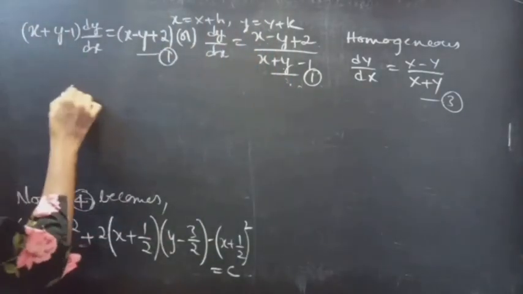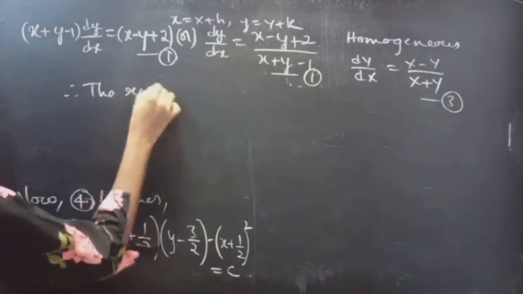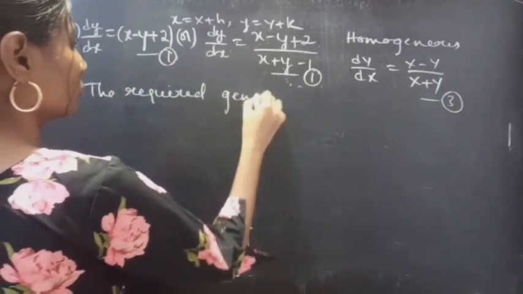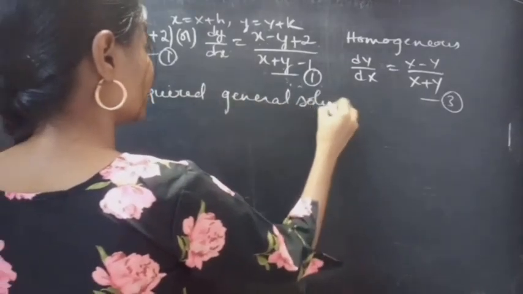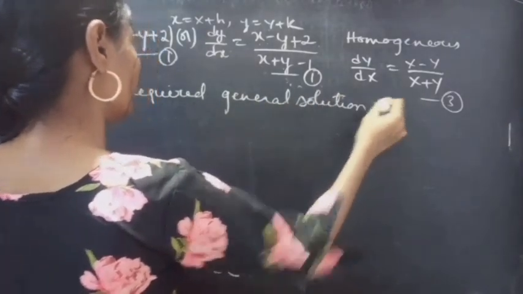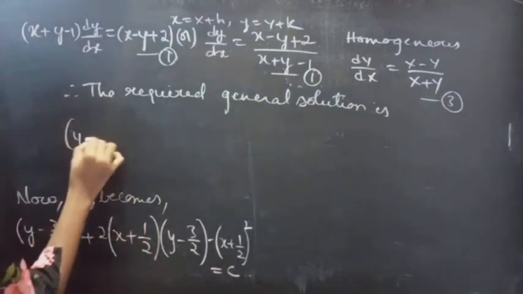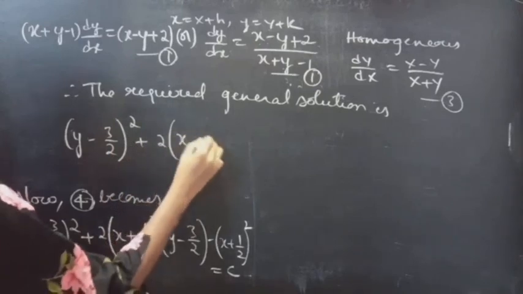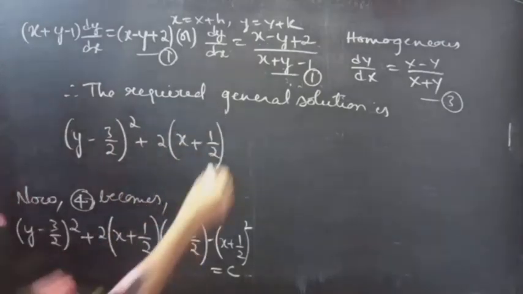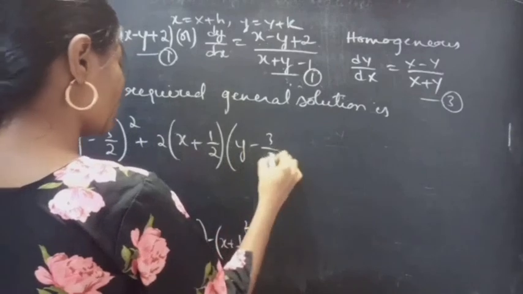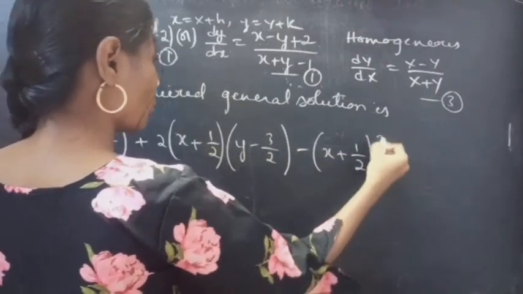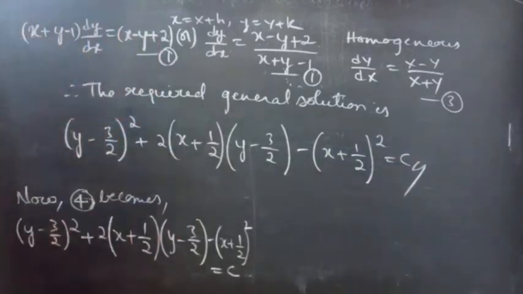Therefore, the required general solution is y minus 3 by 2 whole square plus 2 times x plus 1 by 2 into y minus 3 by 2 minus x plus 1 by 2 whole square equals C. So this completes the problem.